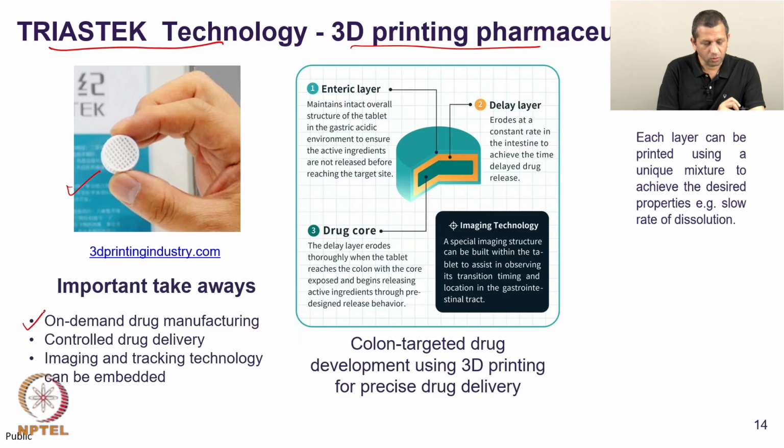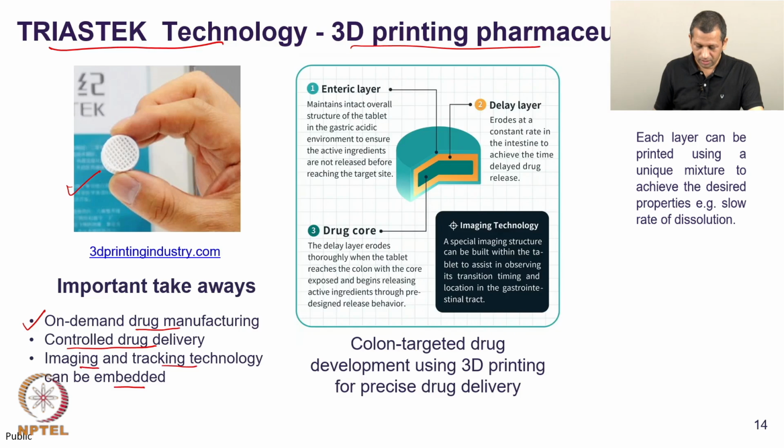This technology can also be used for on-demand drug manufacturing based on the patient's need. So, individualization can be done. A very controlled drug delivery can be performed, and along with the printing of the drug or the other material, micro devices for imaging and tracking can also be embedded.